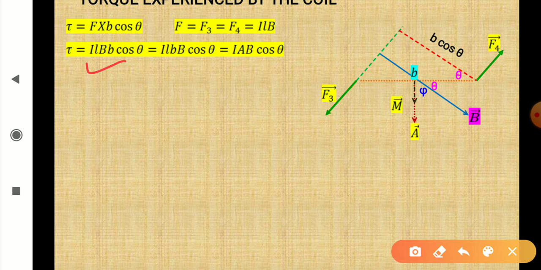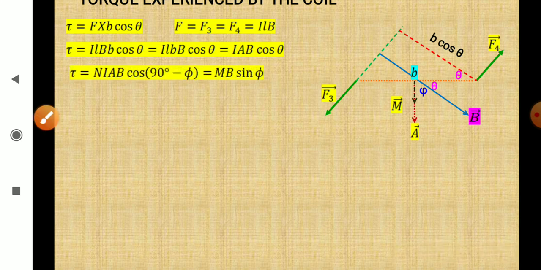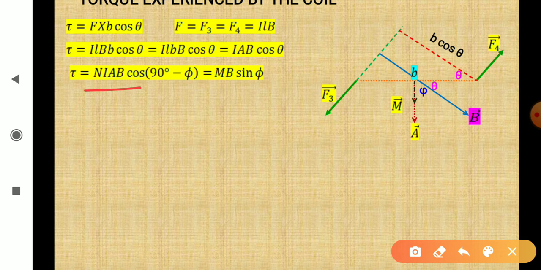Now bring this length and breadth together, you get area. So IAB cos theta, right? And now the next step is here. If the coil has N turns, then the torque will also become N times. So you get NIAB cos theta.